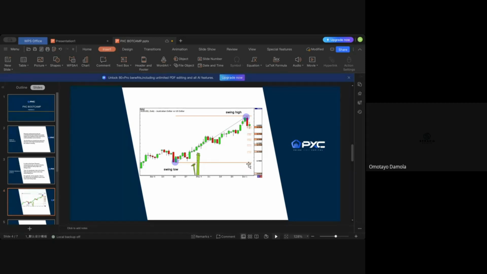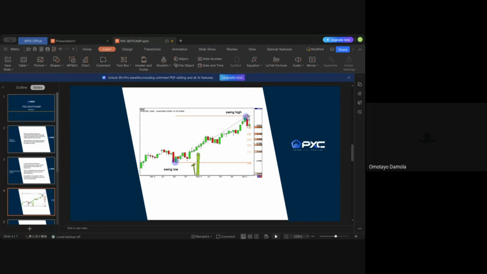So the 0 will be at the recent swing high, while the 1 will be at the recent swing low. It also applies vice versa. So if you're taking it from the swing low at the beginning to a previous swing high, you're going to put the 0 at the swing low, then the 1 at the previous swing high. That's if you're doing the other way around. But for here, we are dealing with a recent swing high and a swing low.